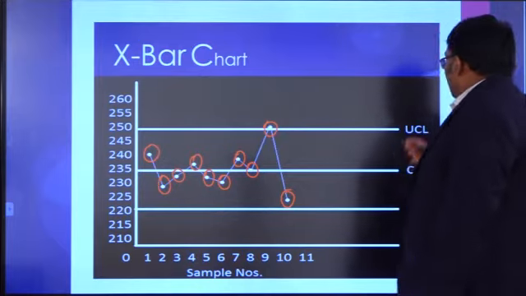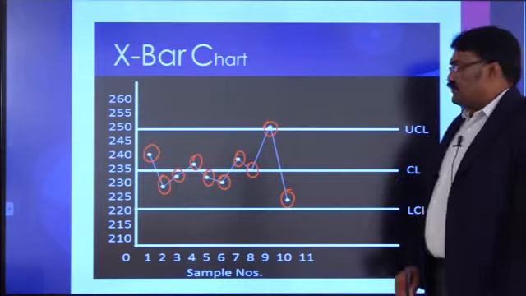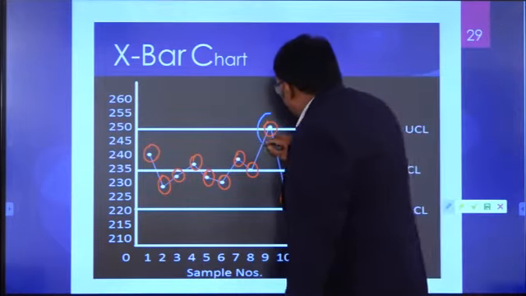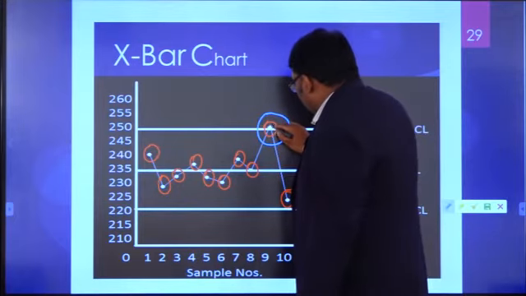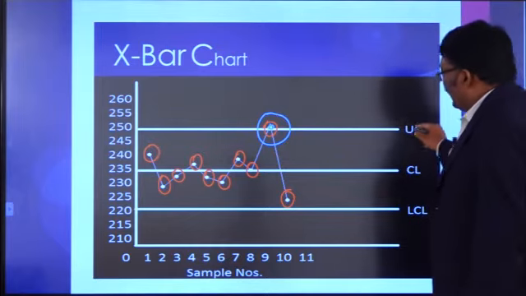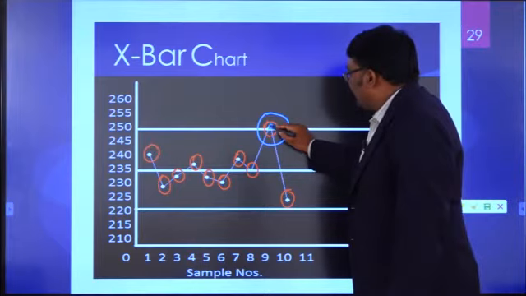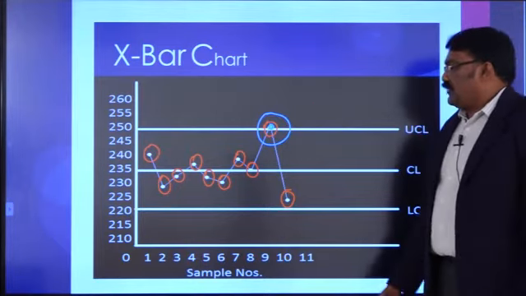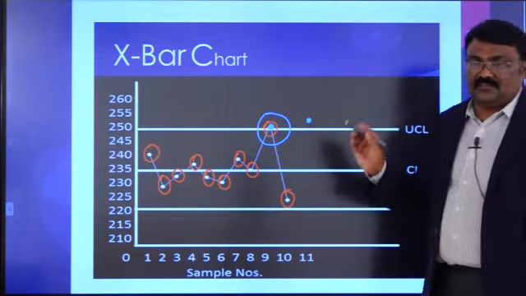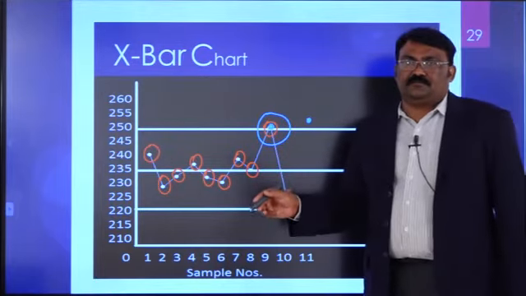UCL, CL and LCL we have calculated from it. Now, if we see here, the one that is just crossing the limit lies with the responsibility of the producer whether to accept it or not. If it is here, we can directly reject that particular lot, that particular sample.